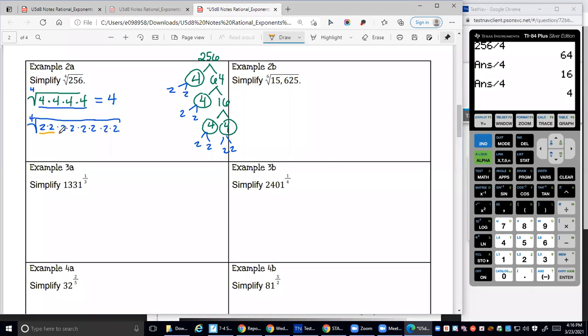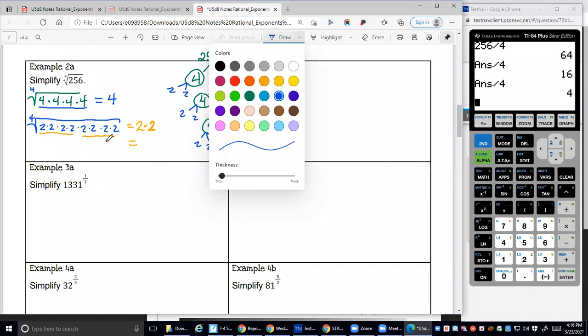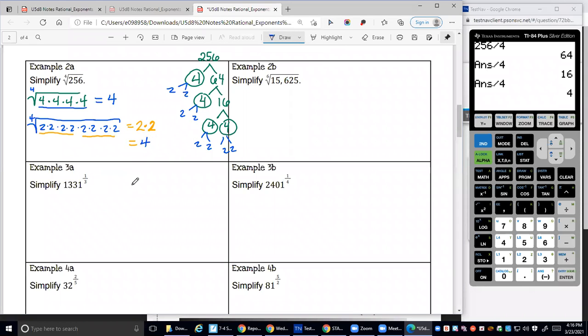I got 4 2s right here, so what's going to pop out? Boop, a 2. And then here I got another group of 2s. Boop, comes another 2. Now notice in between the two 2s, I put multiplication. That's because 2 times 2 will give me, ta-da, 4. So even if you had taken it all the way down to the nitty gritty, you absolutely would have gotten the same answer of 4.